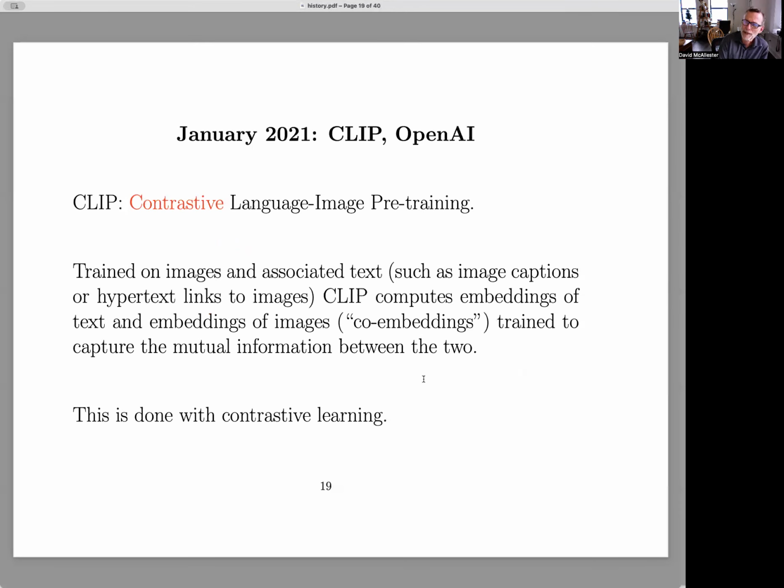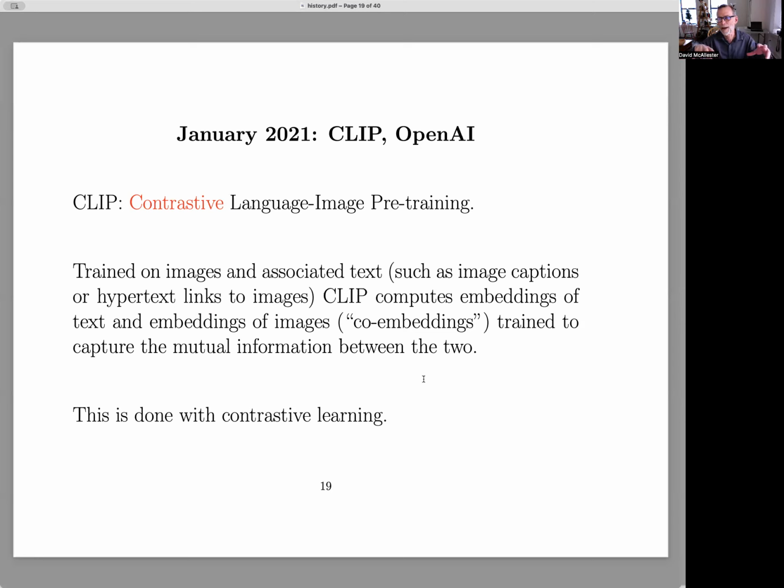Okay, now 2021, CLIP, contrastive language image pre-training, is called CLIP. This is a contrastive method. What it does is it takes pairs of images and text. And the idea that you can train on pairs of images and text is fundamental to current image generation from textual descriptions.